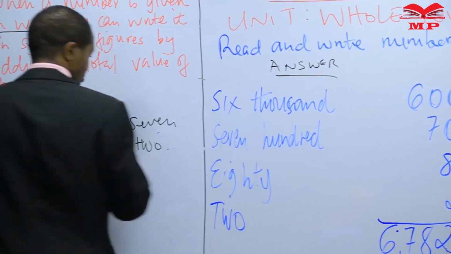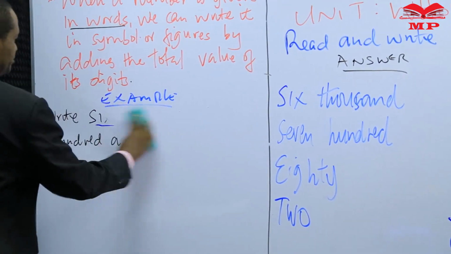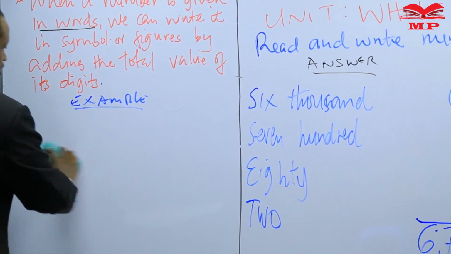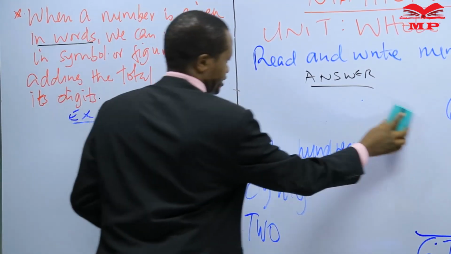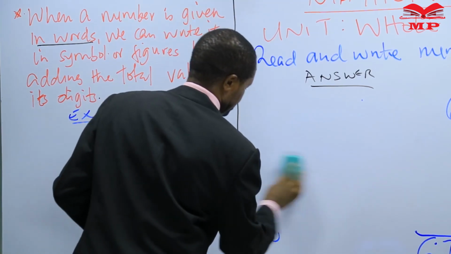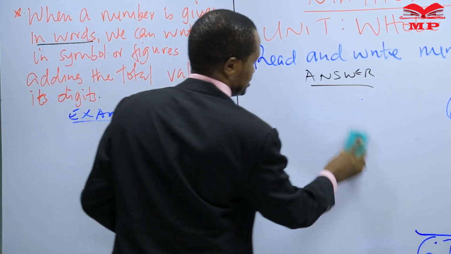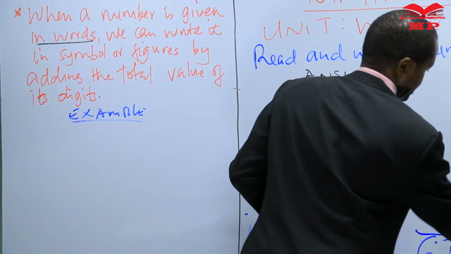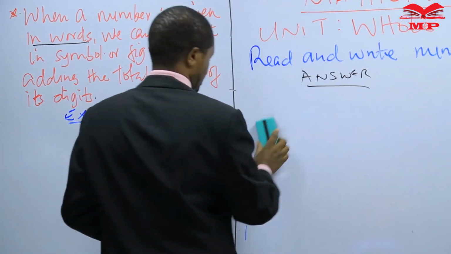We'll have another example in millions. This one was in thousands, hundreds, tens, and ones.